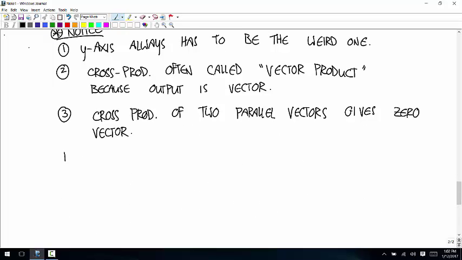And then the last thing to remember is that for dot product, the order doesn't matter. A dot B is equal to B dot A. That's not true with cross product. The order does matter for cross product.